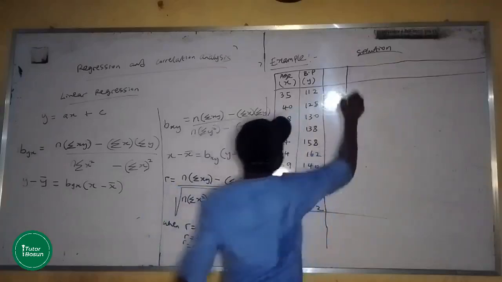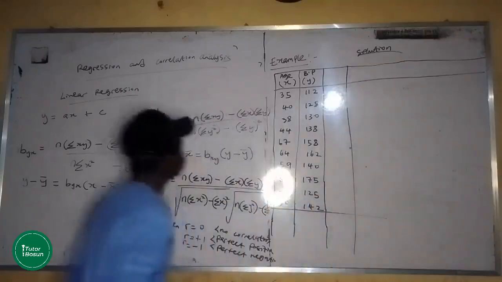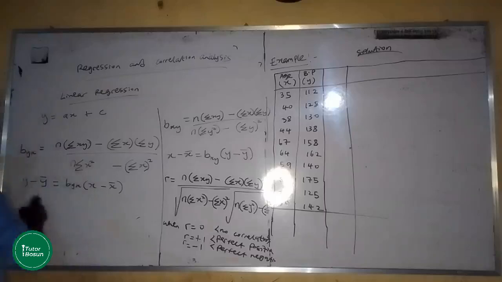So in this column, as you can see, we are making use of regression of Y on X. And as you can see, our formula is having XY.